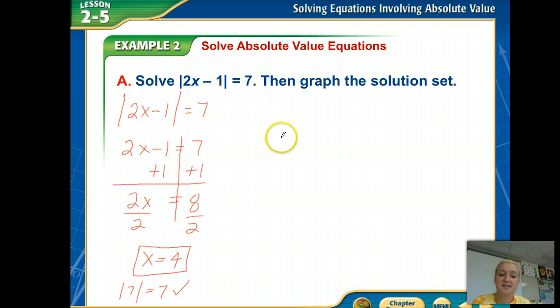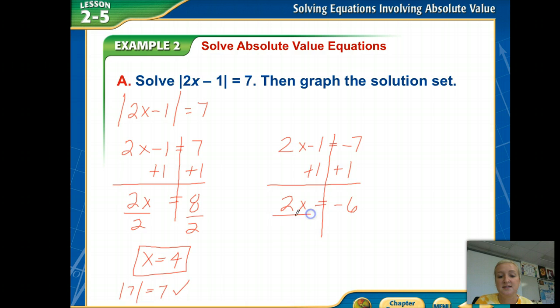I also need to solve it again, 2x minus 1, but instead of it equaling a positive 7, we're going to set it equal to a negative 7, and I'll explain why in a minute. We're going to add 1 to both sides. On this side, I'm left with 2x, and on this side, I'm left with a negative 6. Divide both sides by 2, and I get x equals negative 3.